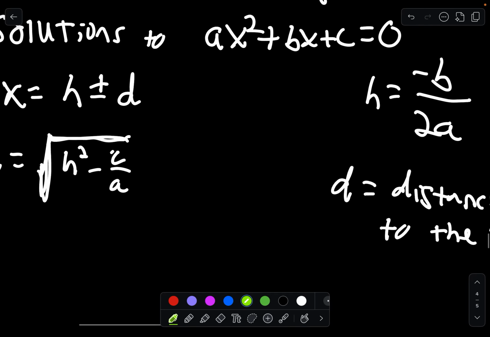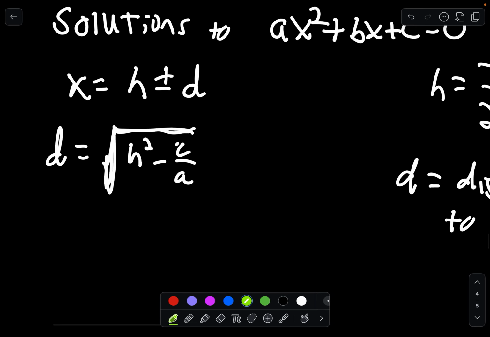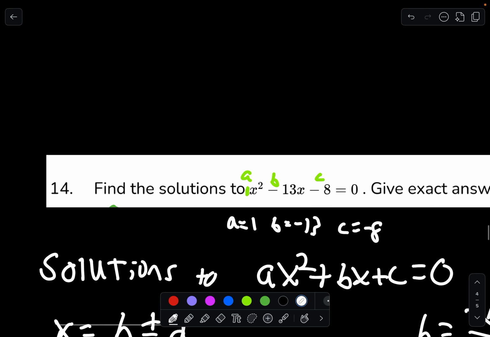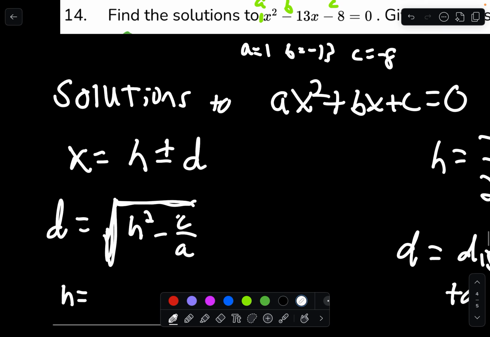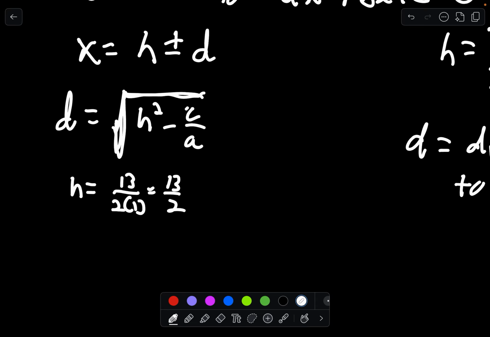Plugging these numbers in to get h, which is the opposite of b over 2a: b is negative 13, so it's 13 over 2 times 1.